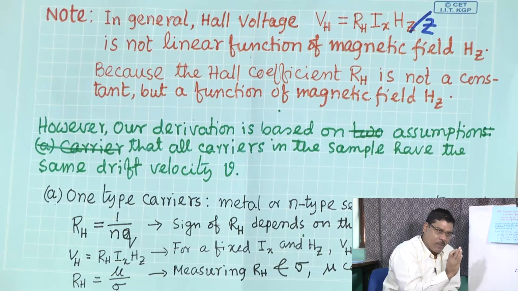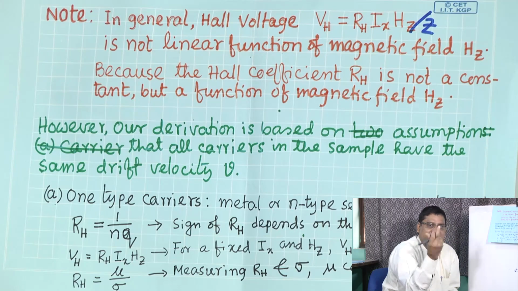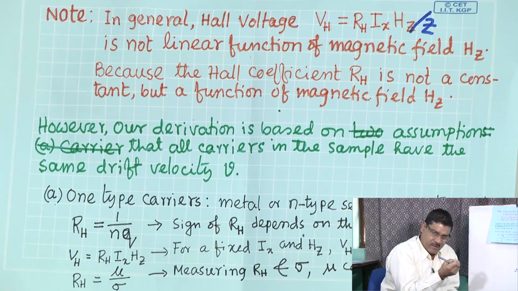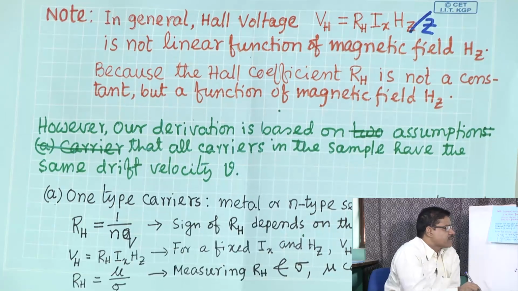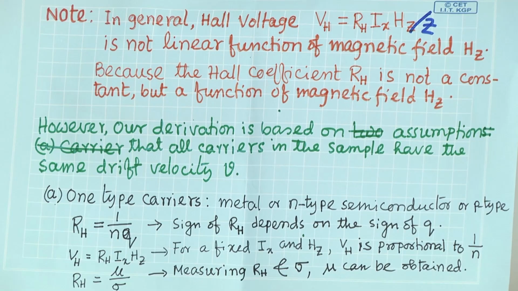So that's why it will slightly vary from linearity. If in your experiment you get something not exactly linear, you do not need to be worried. It deviates from linearity because of the variation of the drift velocity.